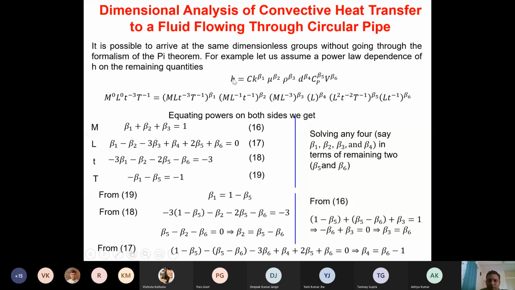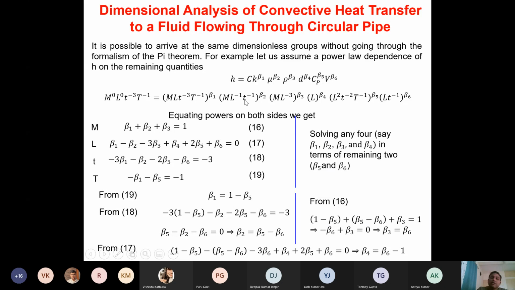So h is the heat transfer coefficient, and I am having the other quantities like thermal conductivity, viscosity, density, diameter, specific heat, and velocity. All these parameters are related to h in an exponential equation like this, where the exponents are beta 1, beta 2, beta 3, beta 4, beta 5, and beta 6, and there is a constant C outside.